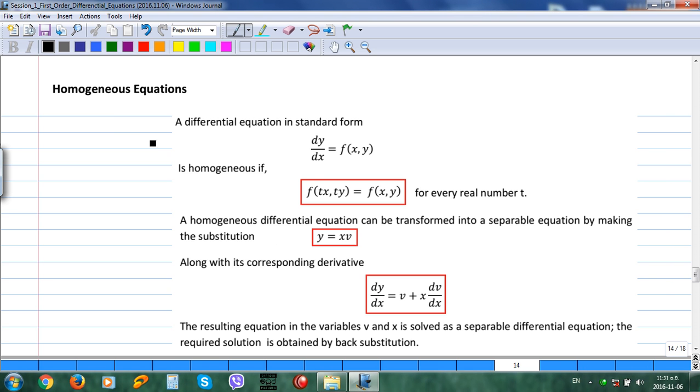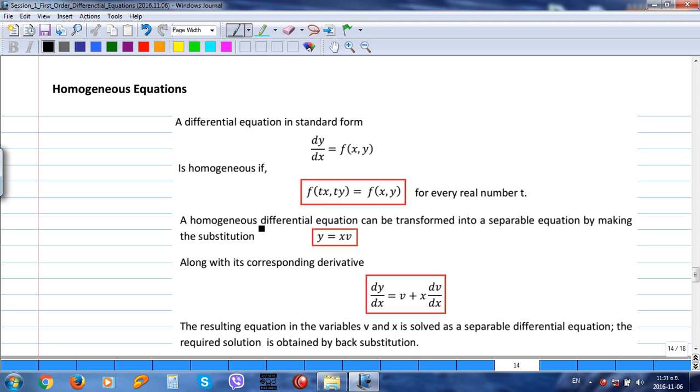Next type is homogeneous equations. A differential equation in the standard form dy/dx = f(x,y) is homogeneous if f(tx, ty) = f(x,y) for every real number t. So this is the condition.